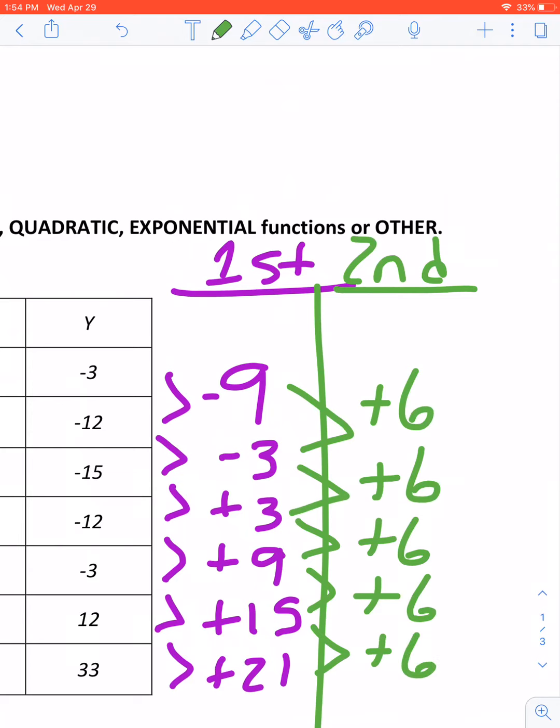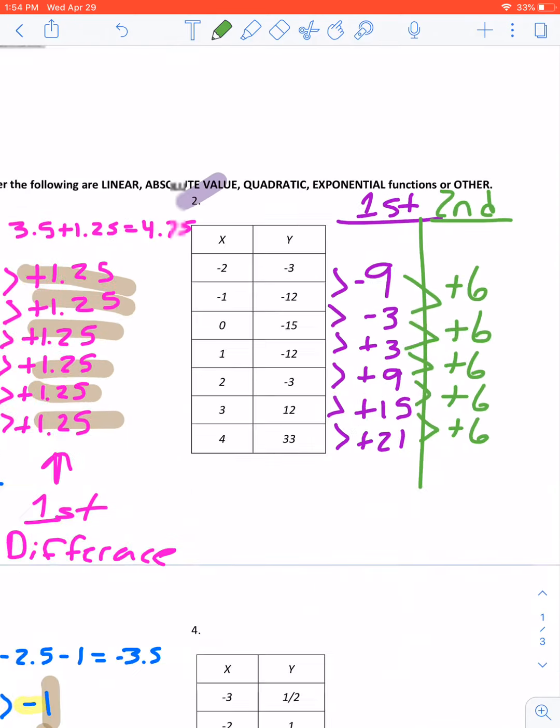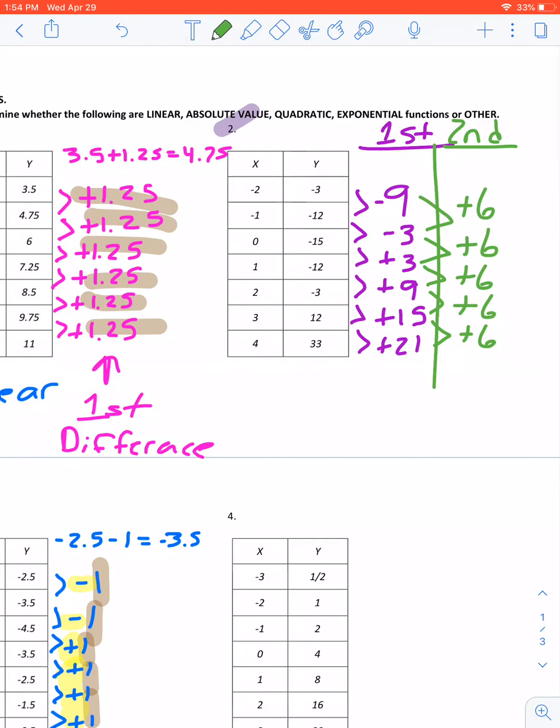So even though my first difference had nothing in common, when I find my second difference, they're all the same number. Because my second difference is the same number, that means that number 2 is a quadratic.